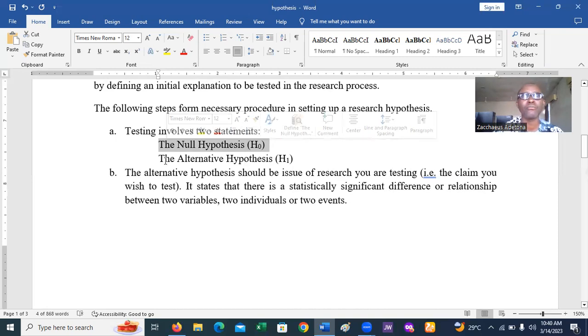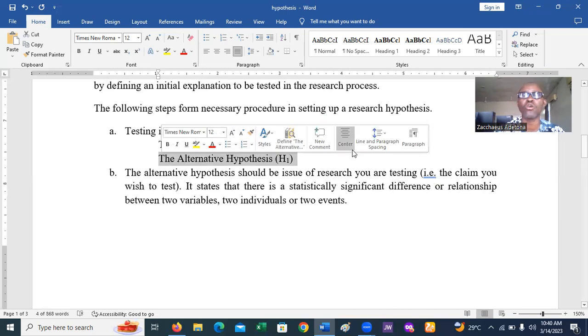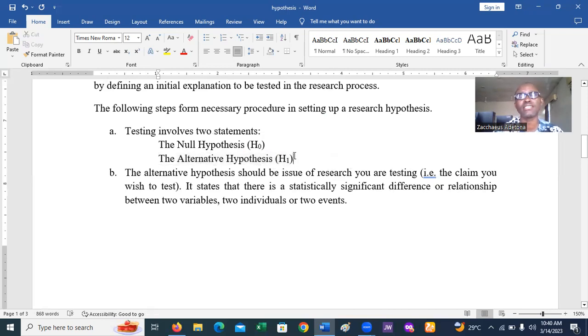Whereas the alternative hypothesis is the hypothesis that you have interest in. You observe the data and you assume that this should be the situation of what is taking place in the data set that you have. So that is the alternative hypothesis. Now, what you are interested in should always be placed in the alternative hypothesis, because that is the one that shows that there is a relationship between one variable and the other.